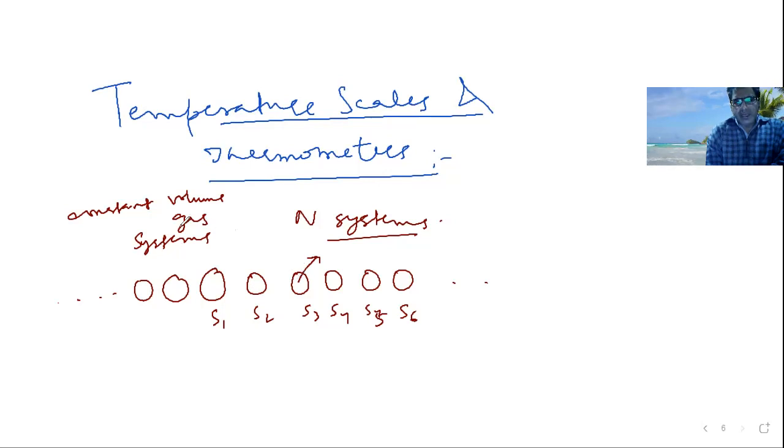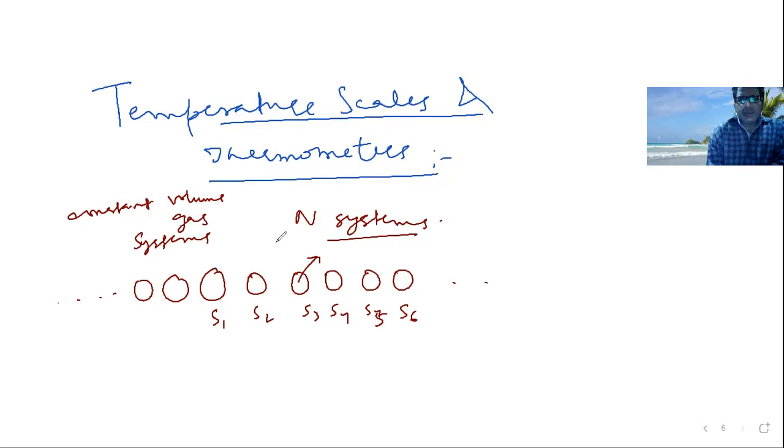I repeat, I have n systems, constant volume gas systems. I want to order them along a line in such a way that if I choose some system, all systems placed to the right of it are having larger temperature than the chosen system, and all systems placed to the left of this chosen system are having a lesser temperature than this.